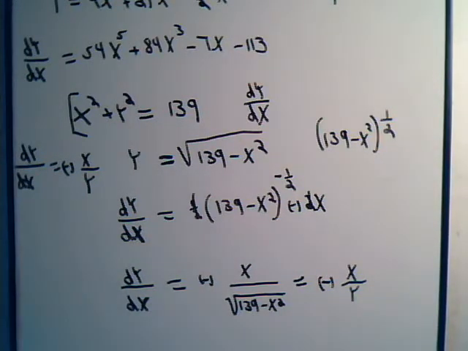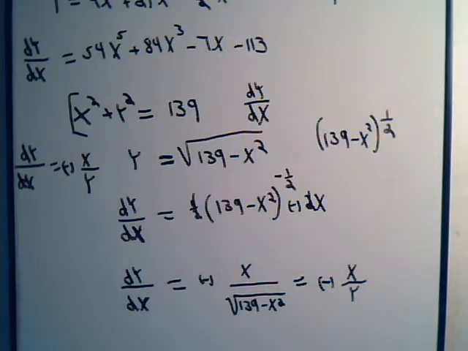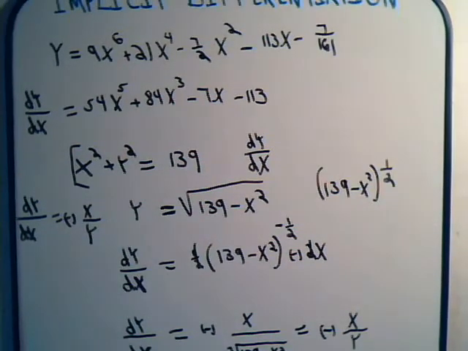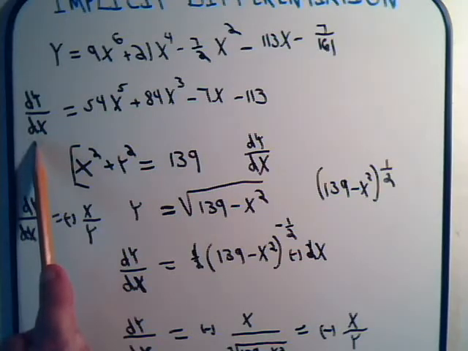Now, a couple of things you want to say at this point. First, this expression here for dy dx is different than what you might be used to seeing. Up here, if we know what x is, then we know what dy dx is.